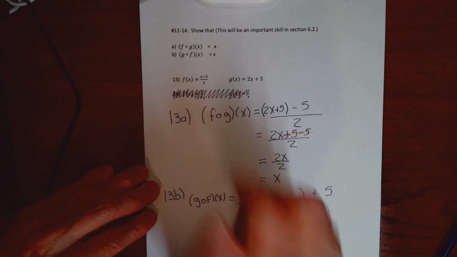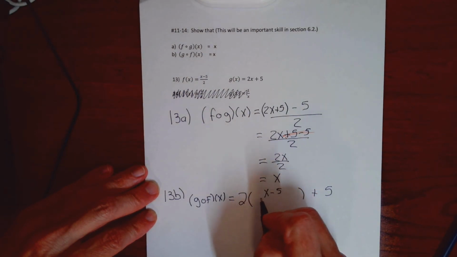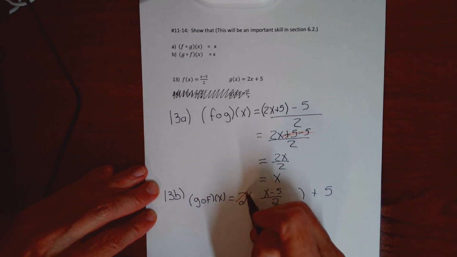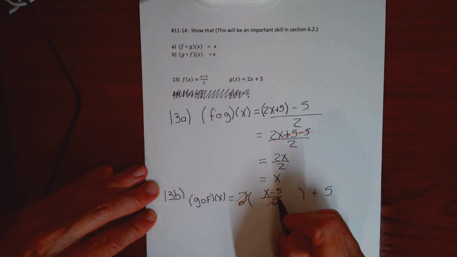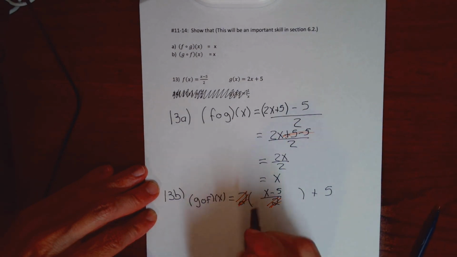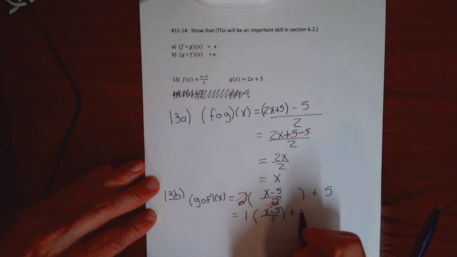Inside the parentheses, I put the right side of the f function, which is x minus 5 over 2. And now I reduce. The 2 in front of the parentheses will cancel with the 2 in the bottom of the denominator. And this is going to leave me with 1 times x minus 5 over 1 plus 5.